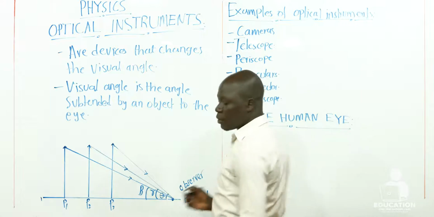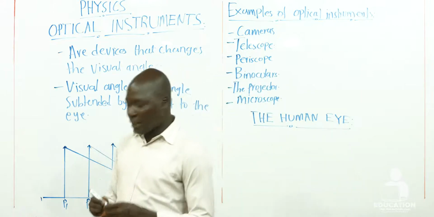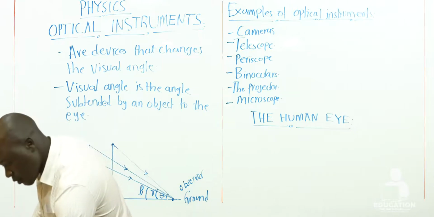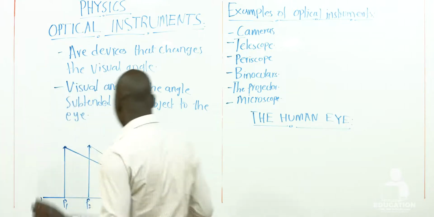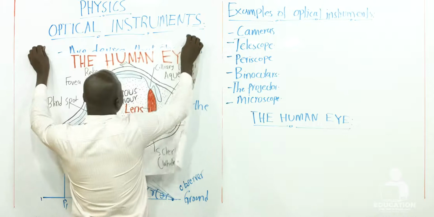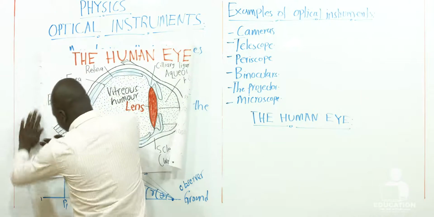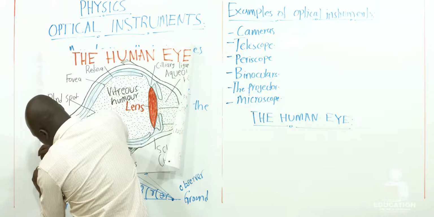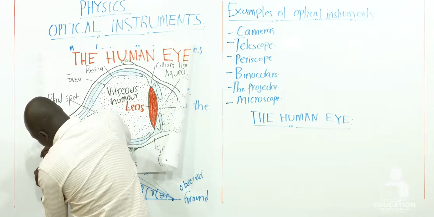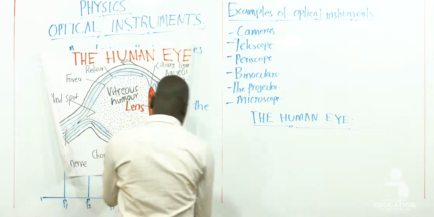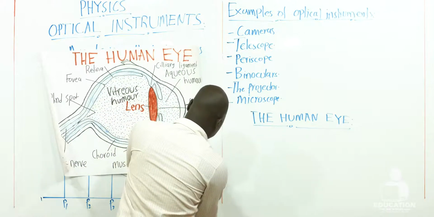So the human eye is one of the sense organs found on the human body, and it is used for seeing objects. We use the eye to see objects. So it is one of the sense organs in the body, and we use it for seeing objects.